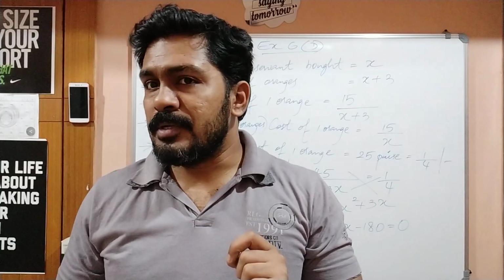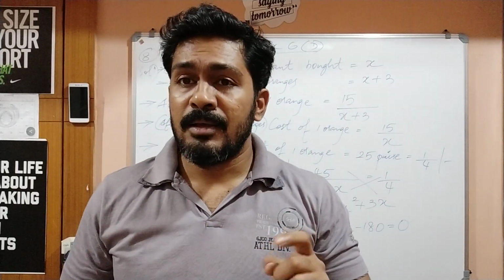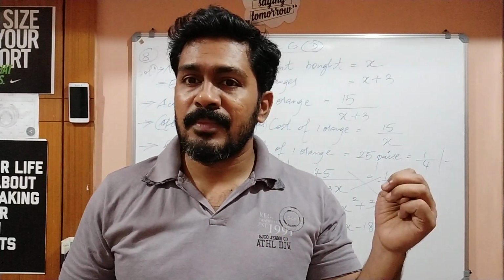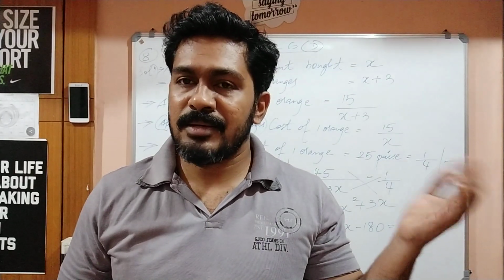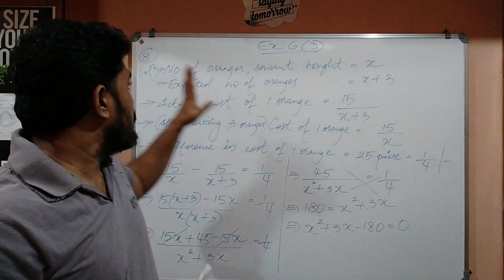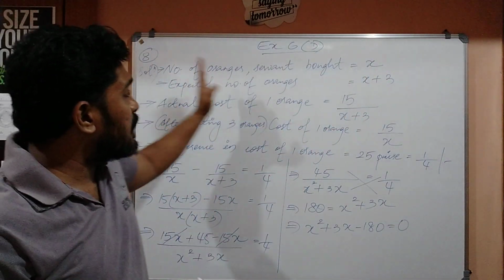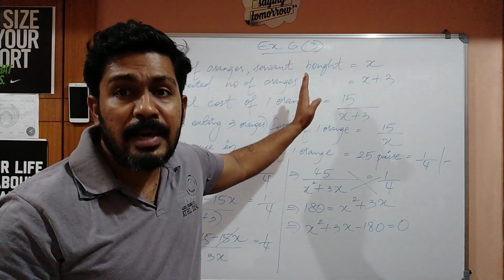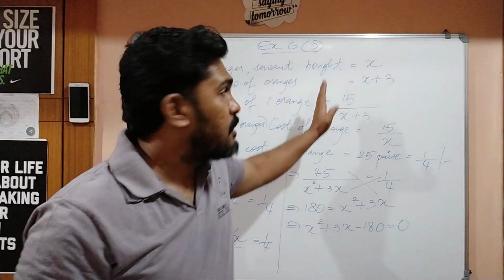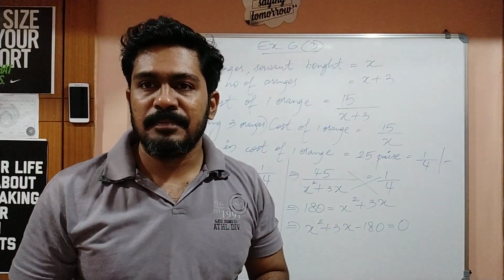So it is quite obvious the actual number of oranges that the servant should have given Mr. Mehra was 3 more than X, that is X plus 3, isn't it? So here the number of oranges the servant bought is X, and the expected number of oranges which Mr. Mehra should have got is X plus 3.